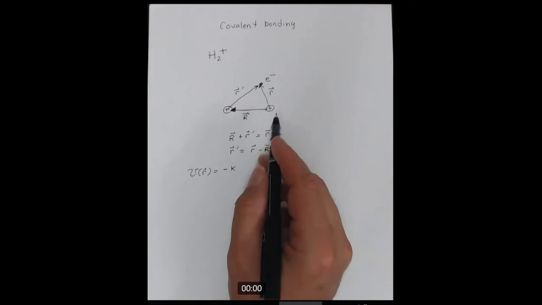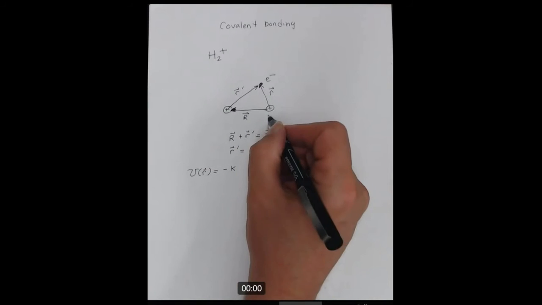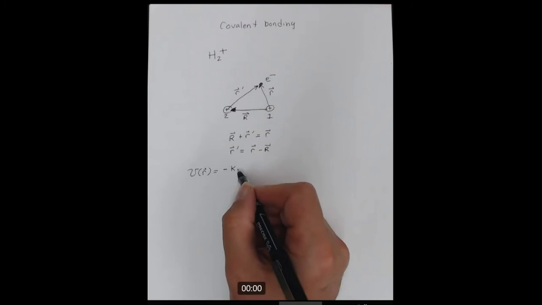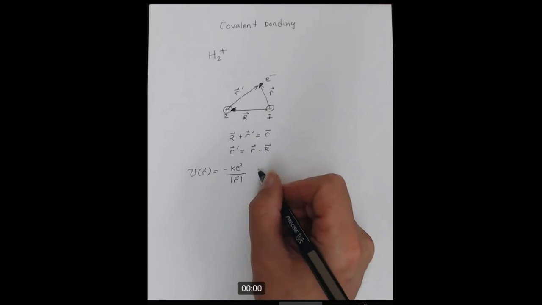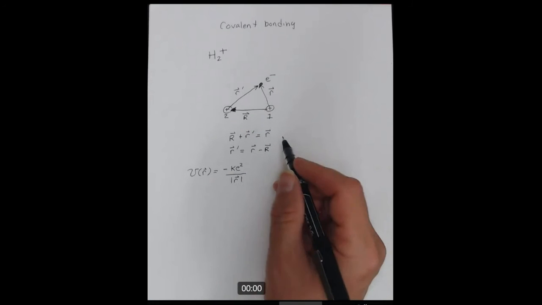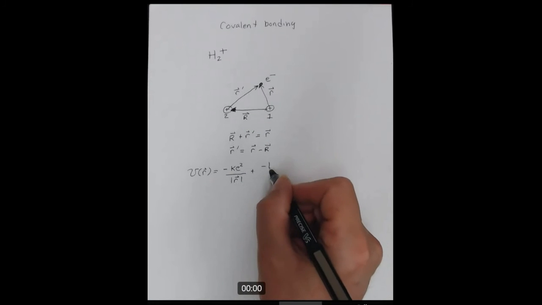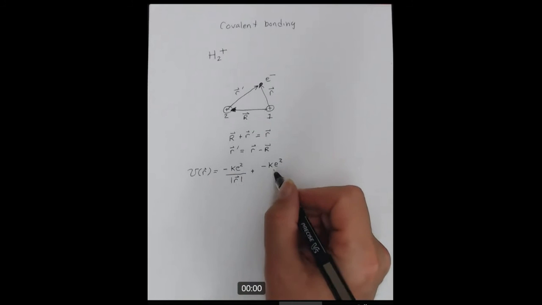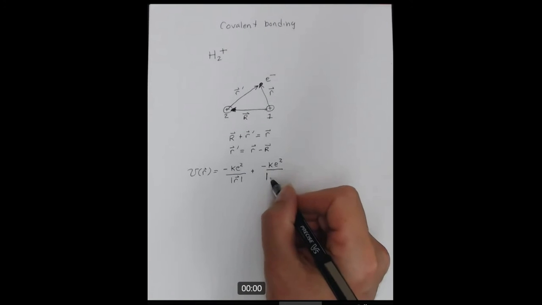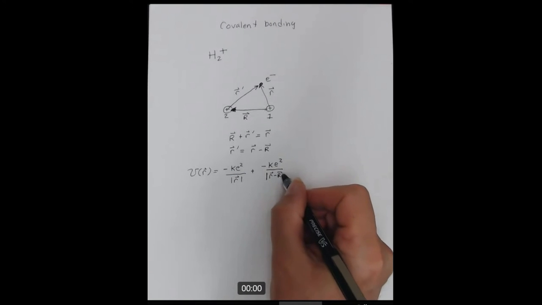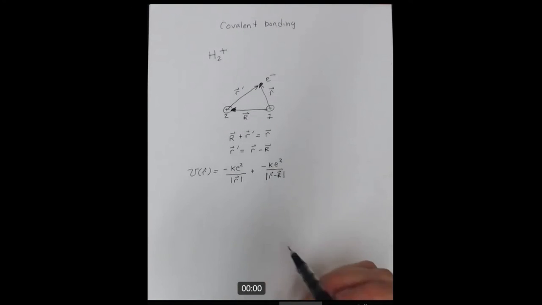With respect to the first proton, you get negative ke squared over little r. And then we have a potential energy due to the other one too, so plus negative ke squared over r prime, but we could write that as little r minus big R. So there's our potential energy.